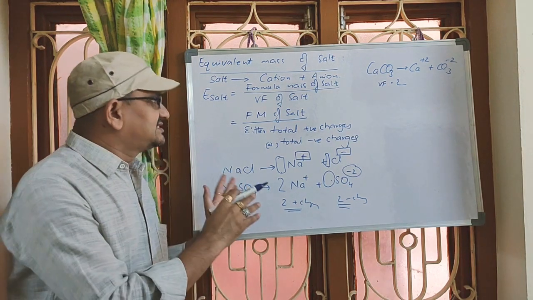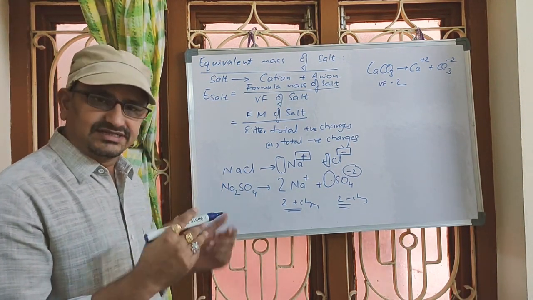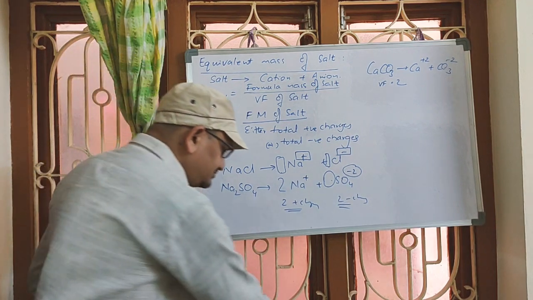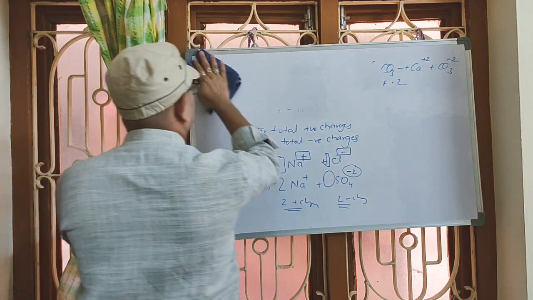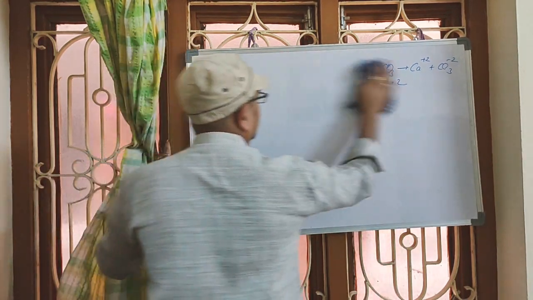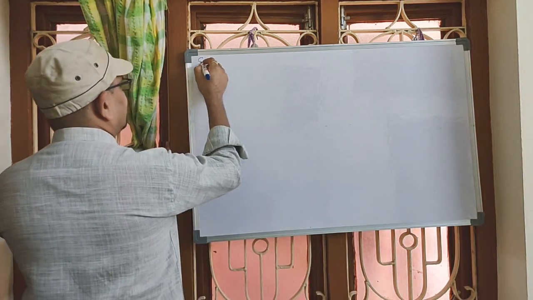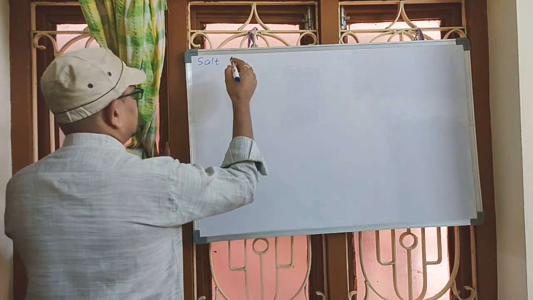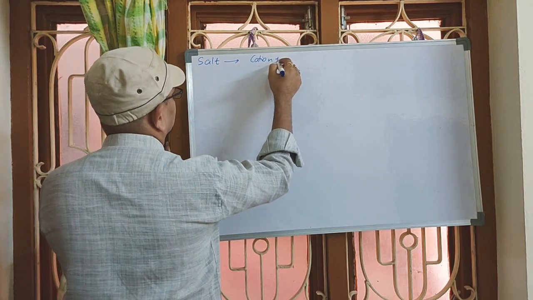Okay. Now using this formula, let us calculate the equivalent mass of some salts. Here we will take a salt and its corresponding cation and anion.